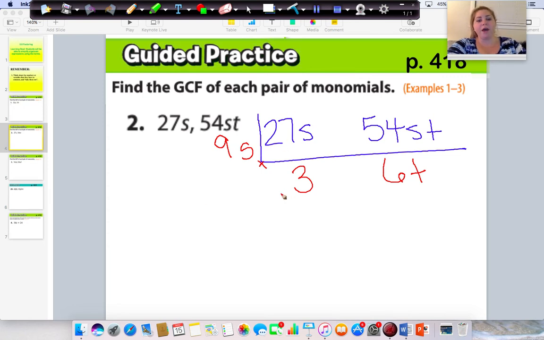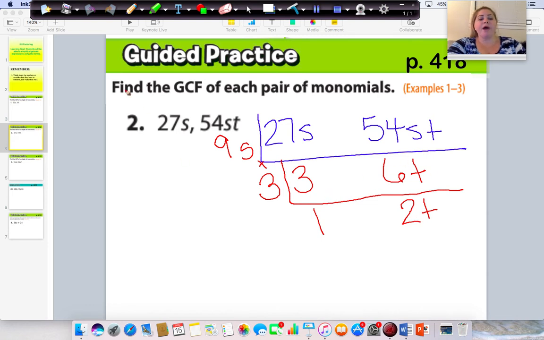So we're going to add another tier to our cake here. And we see that 3 can go into both 3 and 6. So I'm going to take out 3 as well. 3 goes into 3 one time, and 3 goes into 6t 2t times. 3 times 2t gives me 6t.